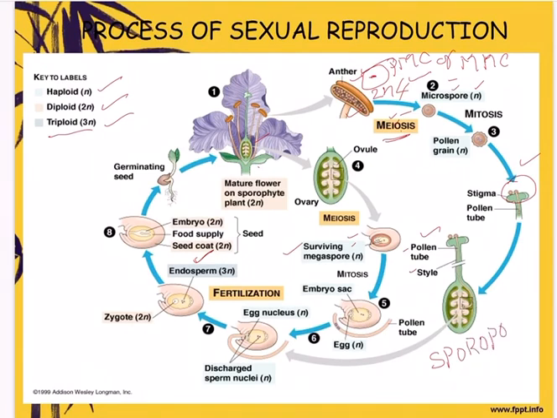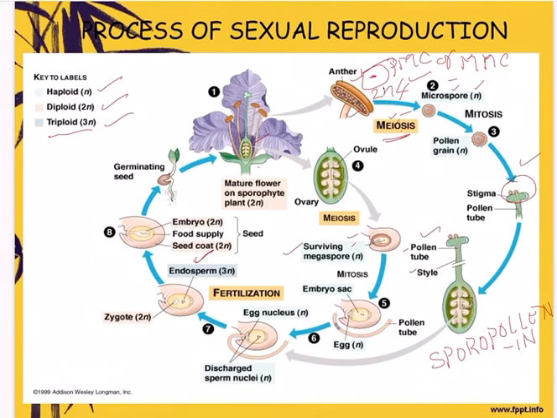Sporopollenin, S-P-O-R-O-P-O-L-L-E-N-I-N. I'll write it here. So this is very resistant to chemical and biological decomposition. So the pollen wall is preserved for long periods in fossil deposits.